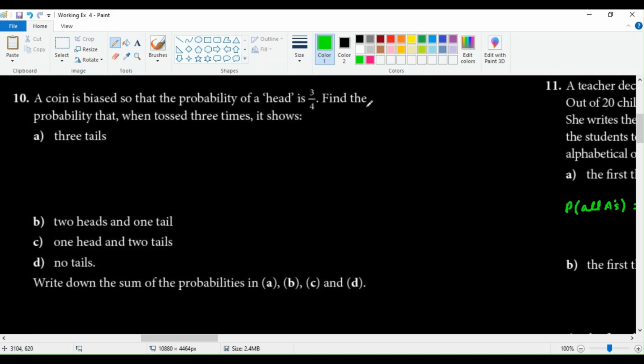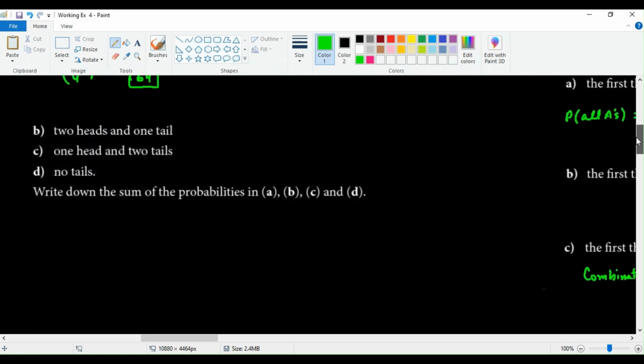So something you should consider is that getting a head is 3/4 and tail is 1/4 ultimately. Now for getting three tails, it's going to be 1/4 to the power 3. So finally, it's going to be 1 over 64 as the answer for the first part of the question.